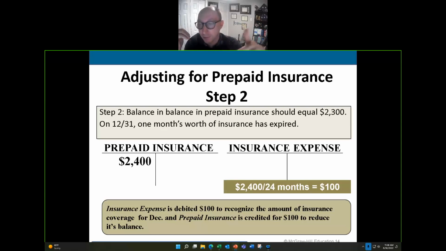When you debit an expense, you're increasing the expense, and that's how we recognize that the expense happened. Remember, it only happens after you've consumed it. And when we credit the prepaid insurance, we're reducing that asset account by $100.